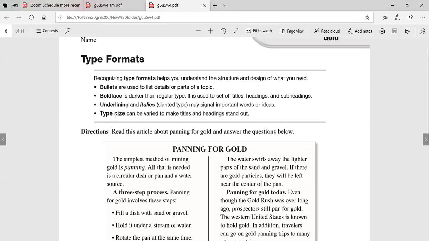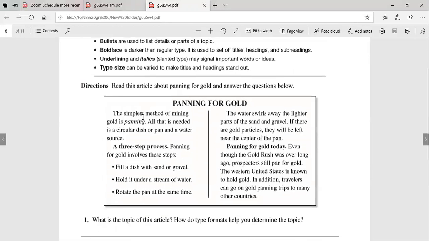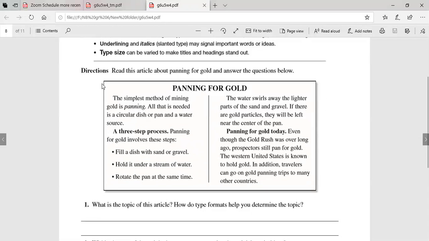And also you have the type size. It can be varied to make titles and headings stand out. What do you mean by stand out? To make them separate. That is, to give separate information using them.